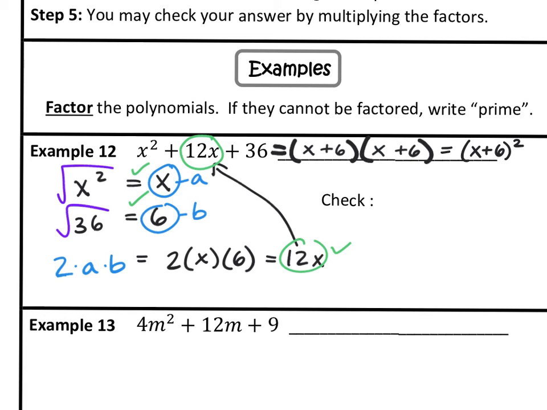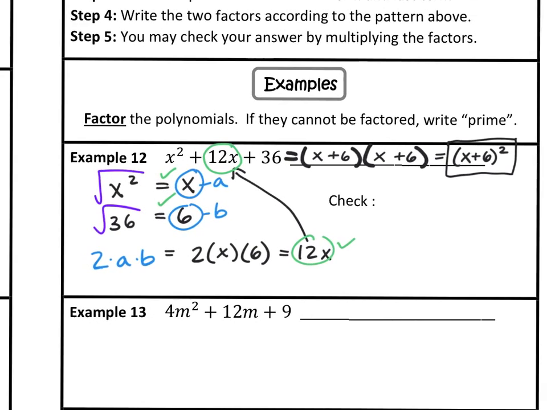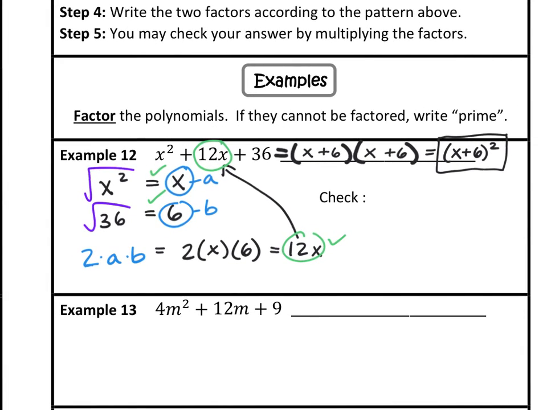Can I write it as x plus 6 squared? Yes. So this is my answer. And like I said, we're going to check that answer to see if I get back the original problem. So x plus 6 times x plus 6, what does that give me?